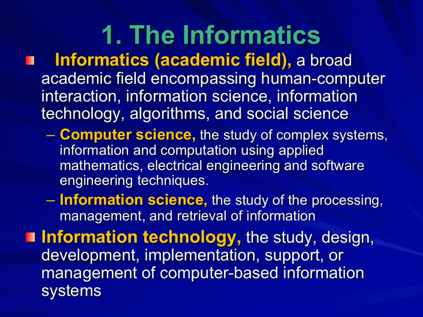So here's the difference between computer science, information science, and informatics. When we talk about computer science, it's the study of complex systems, information, and computation, using applied mathematics, electrical engineering, and software engineering techniques. So when we talk about computer science, we deal with computer systems, computer hardware, and we interact with software that runs over this hardware with the aim to get some data processing results.